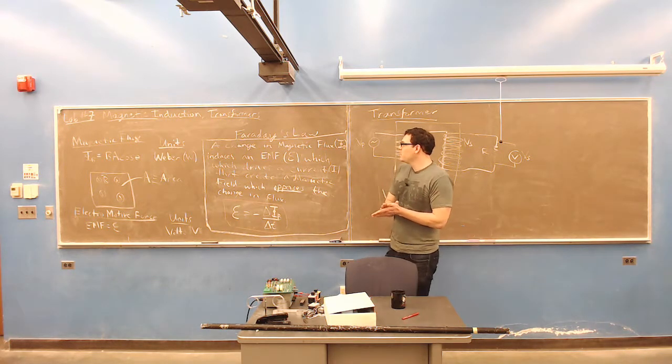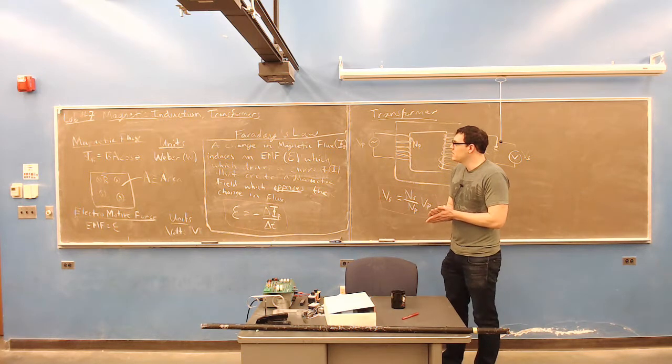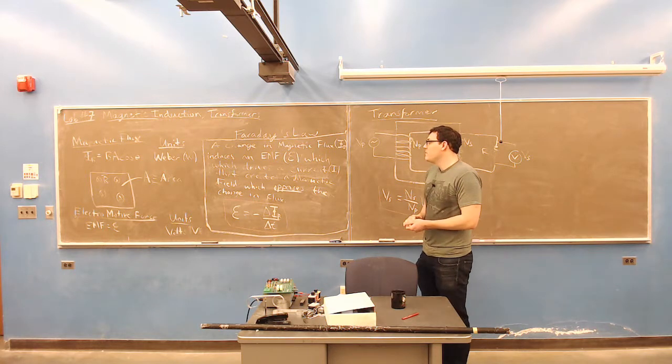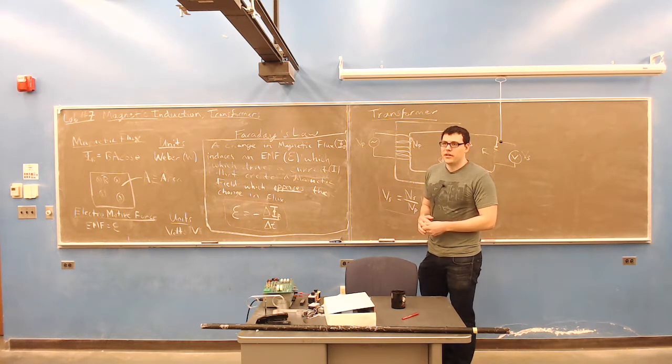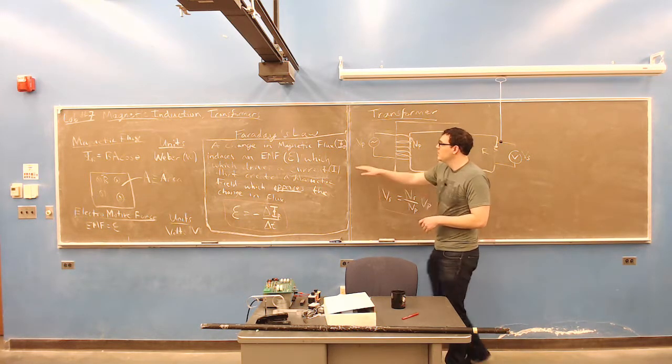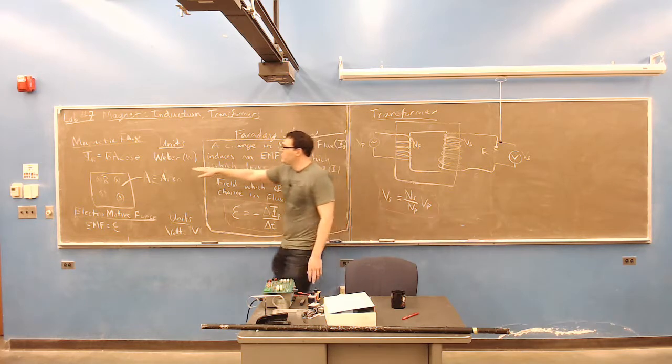All right, so now we can get to Faraday's law now that we define these things. Faraday's law says a change in magnetic flux induces an EMF, which drives a current, and that creates a magnetic field which opposes the change in flux. So that's a lot of words, but after you play around with it a little bit, I think it makes sense. So over here we define flux.